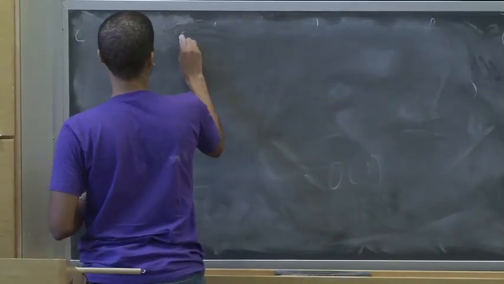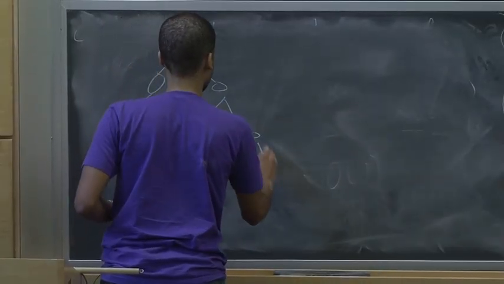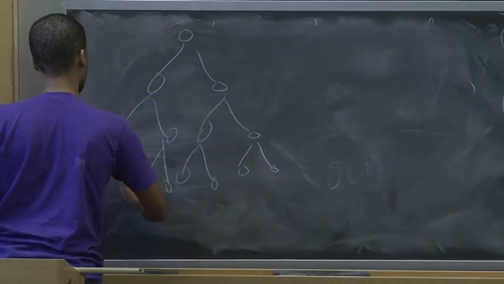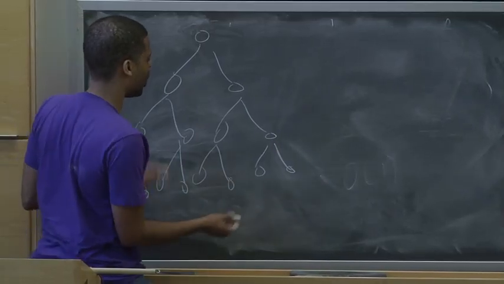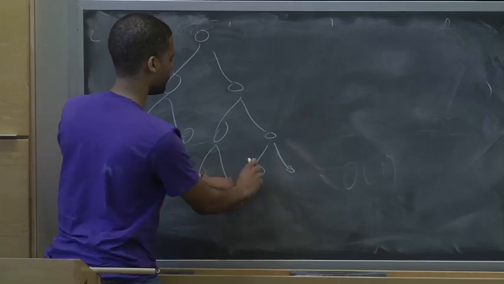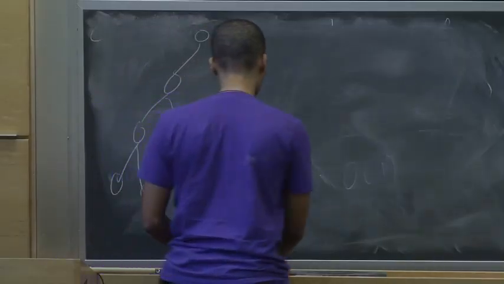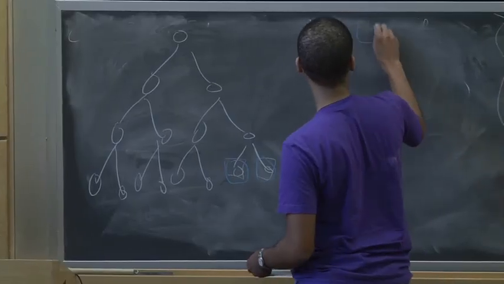A tree like this, a perfect binary tree, is great in the worst case. But if you have additional information, if you're told that I always search for one of these two items, then let me color them. Then those should be at the top of the tree.